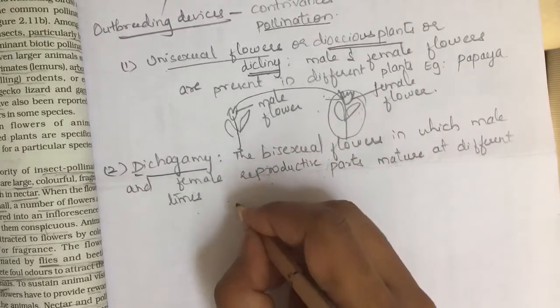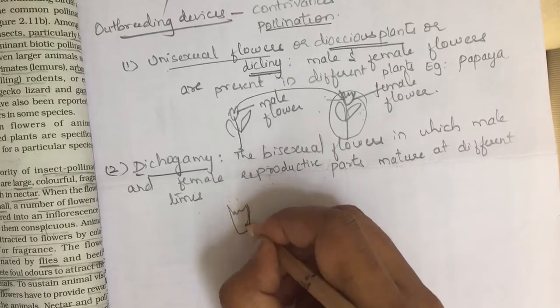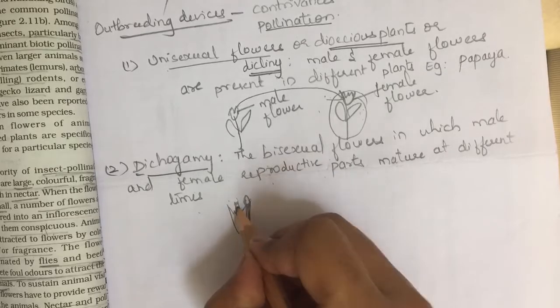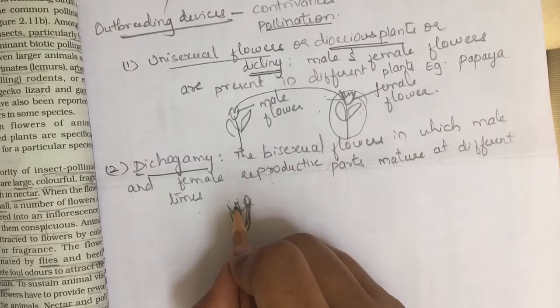Now a bisexual flower is a flower which consists of both a female reproductive organ and a male reproductive organ, right? Pistil and anther, both are present in the same flower.